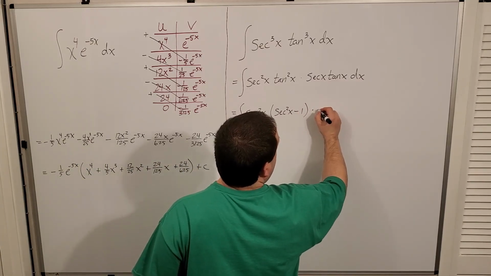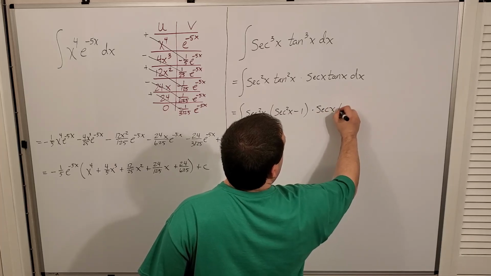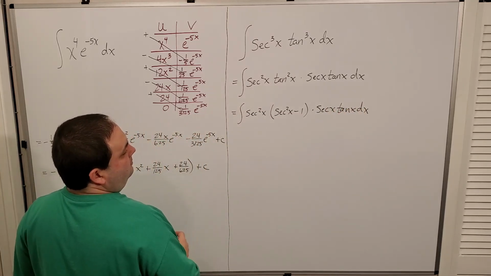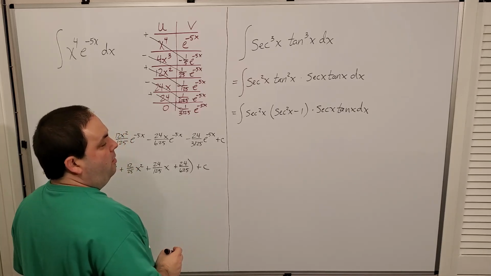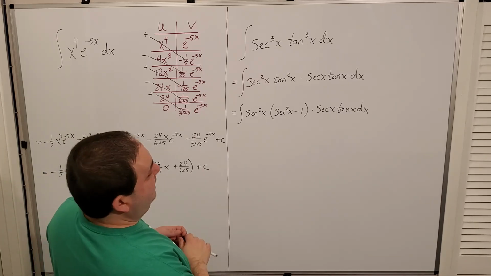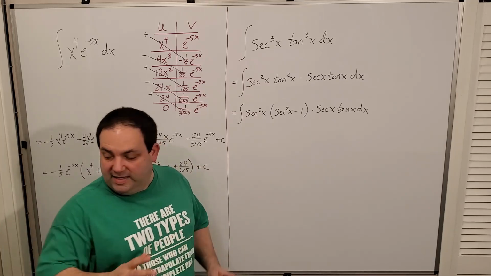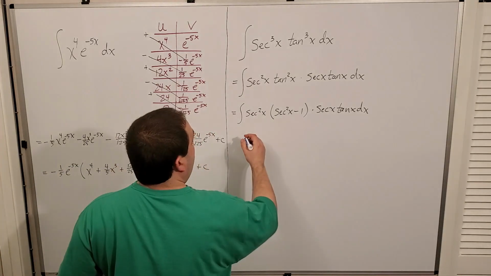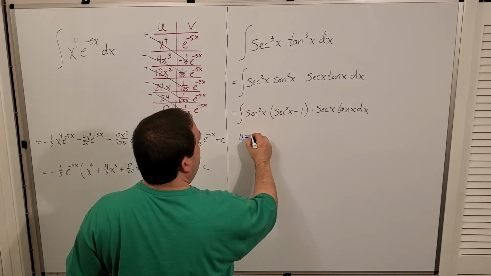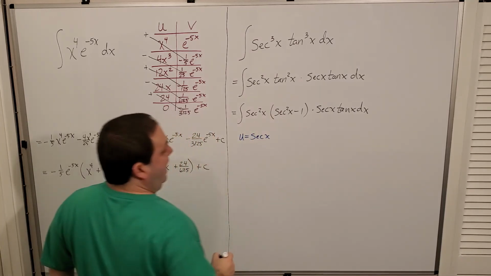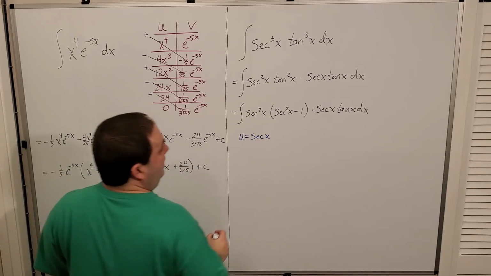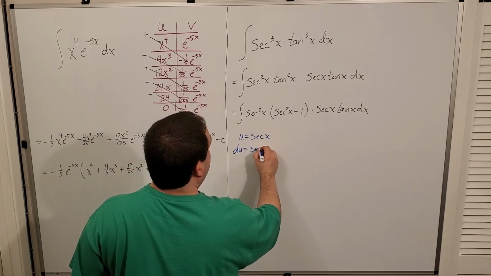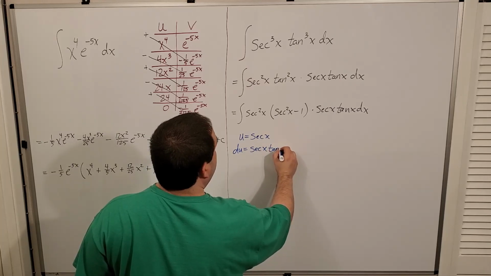And then it's times secant x tangent x dx. And then from here, I just need to notice that I can actually do my basic substitution now. I simply let my u equal secant x. And then my du would be secant x tangent x dx.